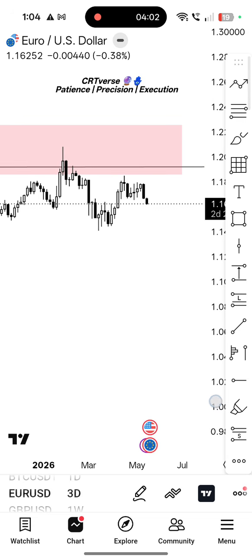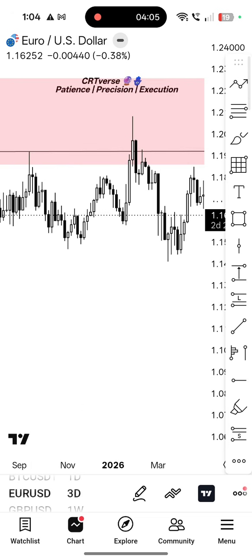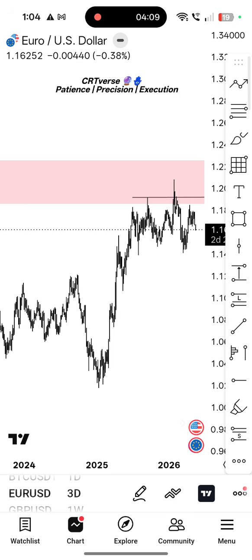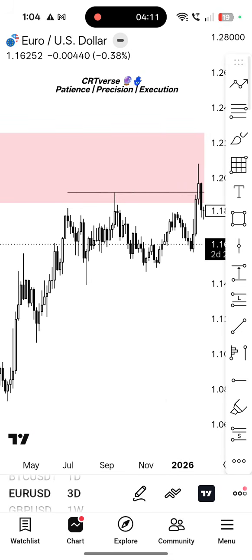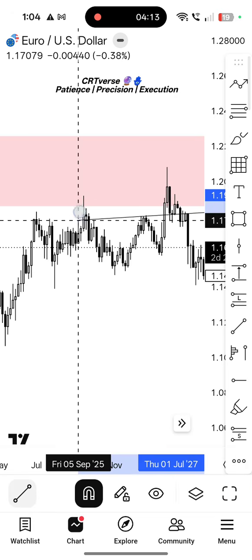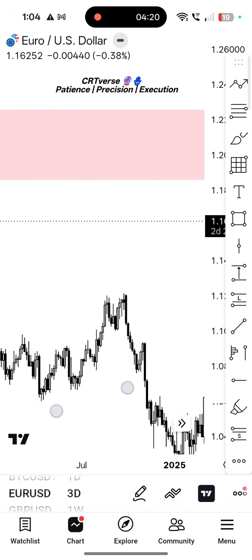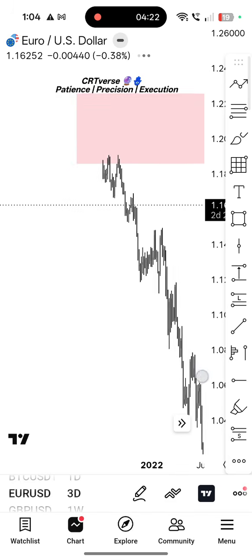Now I have to look at whether we took the liquidity pool or not. Can you see the liquidity pool inside this key level, guys? This high itself is a liquidity pool, right? Because it is inside the key level. And then let's see from the left side what we have.